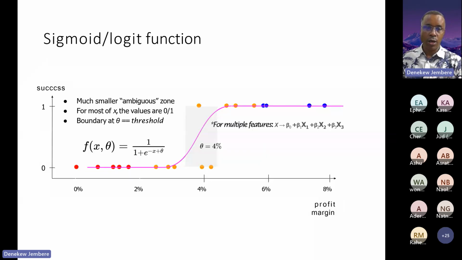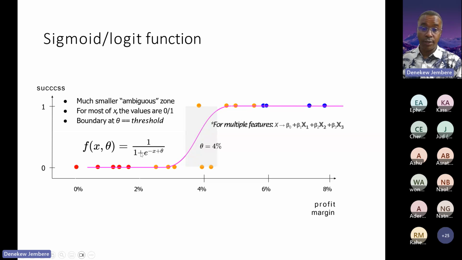And logistic regression, or the sigmoid or logit function, was a function that we said could fit. The graph that you see with a pink line is represented by this formula or this function. This function is the logit or sigmoid function, which we call logistic regression.